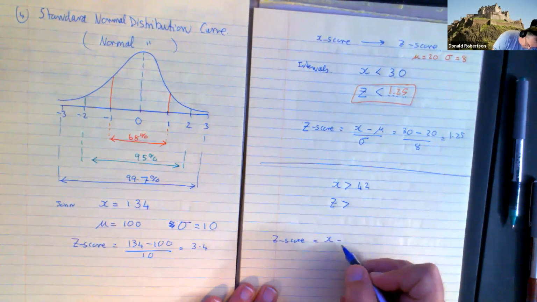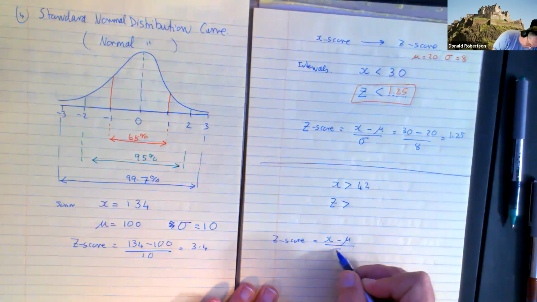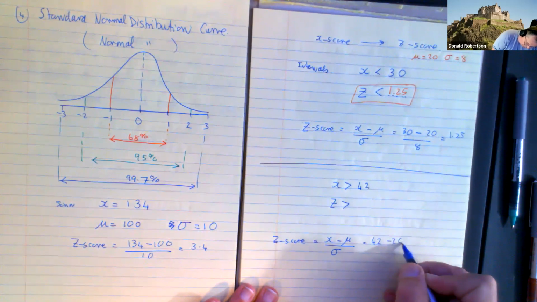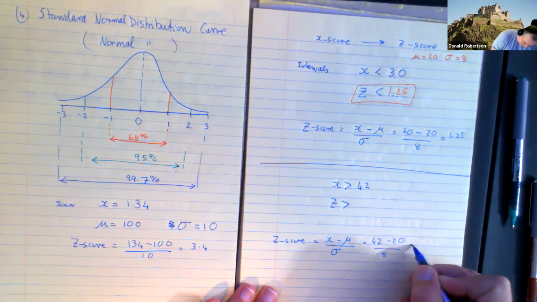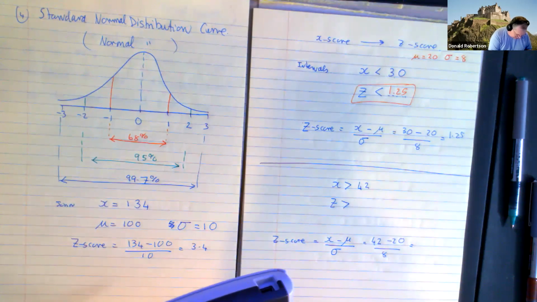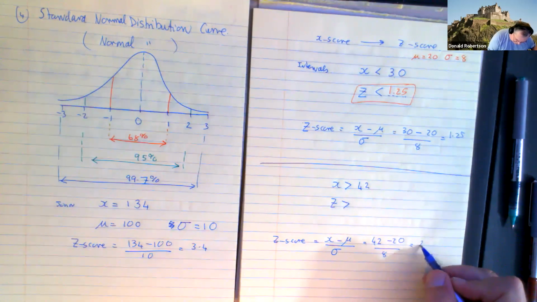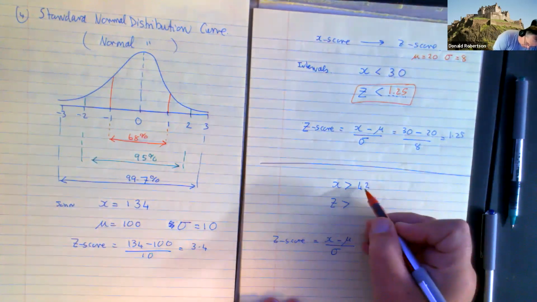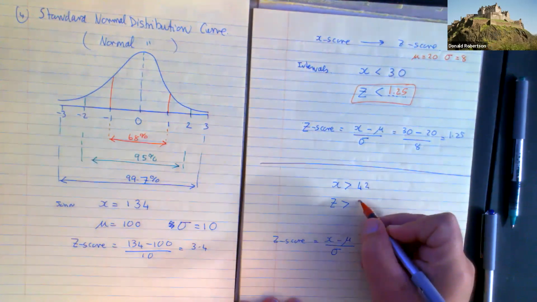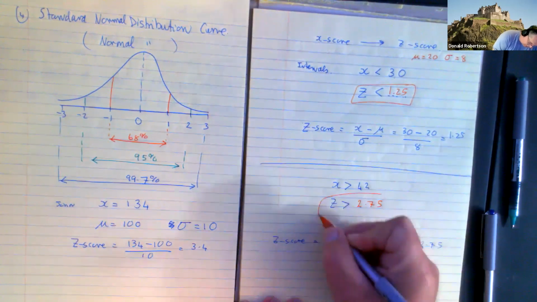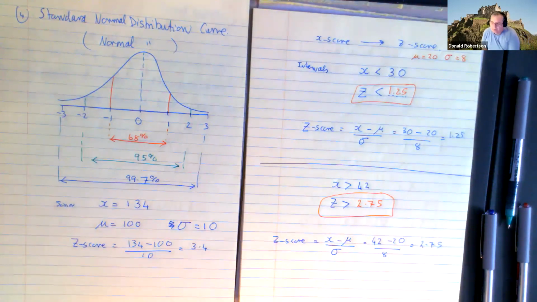The score, take away the mean, divided by the standard deviation. 42, take away 20, divided by 8. 22 divided by 8 comes out as 2.75. So our answer would be, if you have a score bigger than 42, your Z score is going to be bigger than 2.75. I said there's 3 versions, right?